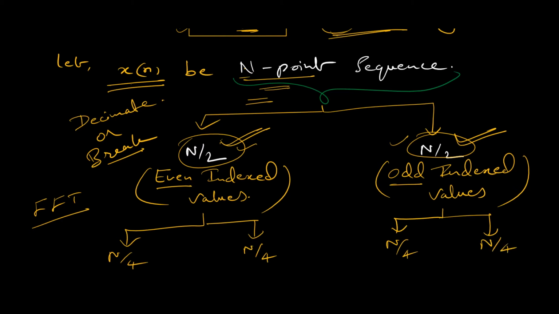So unlike DFT, we'll calculate DFT for n by 2 sequence for this particular case, for even indexed values, and then DFT for n by 2 for odd indexed values. Then add the two results to get the final X of k value, the final DFT value.